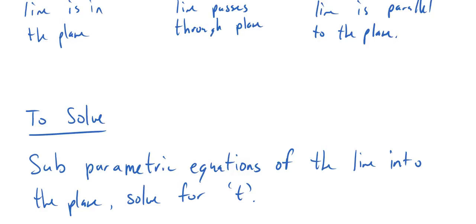So after we have established that that's our method, I want to go back to these three examples. If the line is in the plane, you're going to get 0t equals 0 when you solve, after you've subbed in the parametric form.